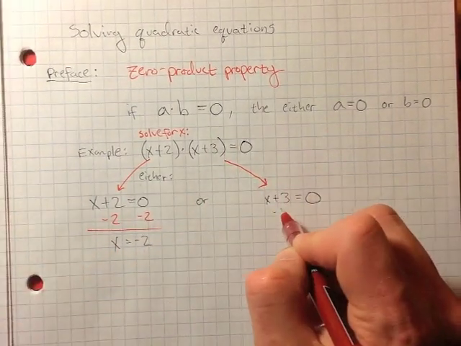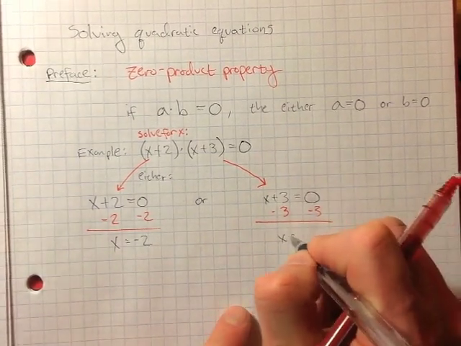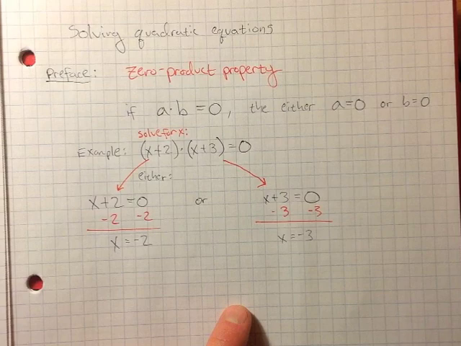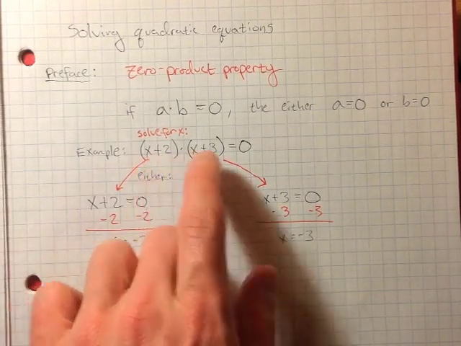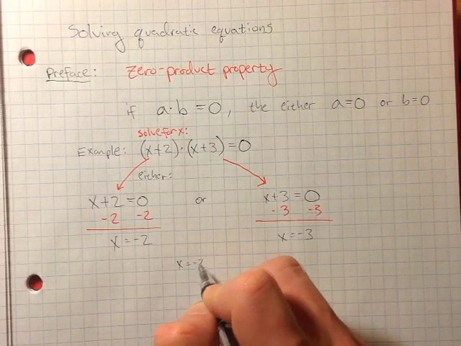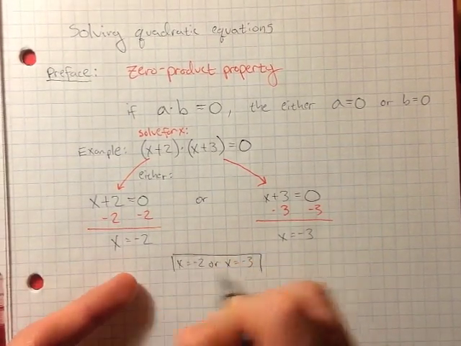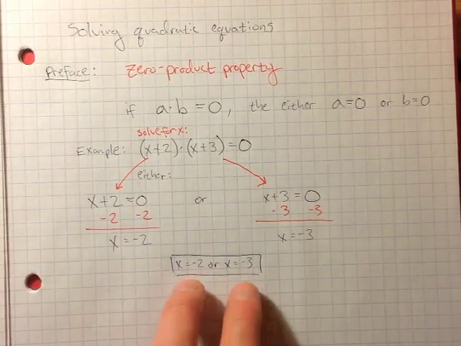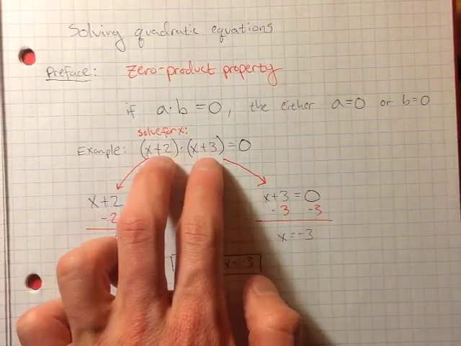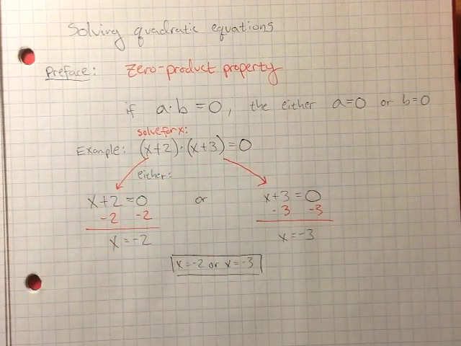Over here, subtract 3, so x is negative 3. So the solutions to this equation are x equals negative 2 or x equals negative 3. There are two possible numbers that will make this product equal to 0, that will solve this equation.